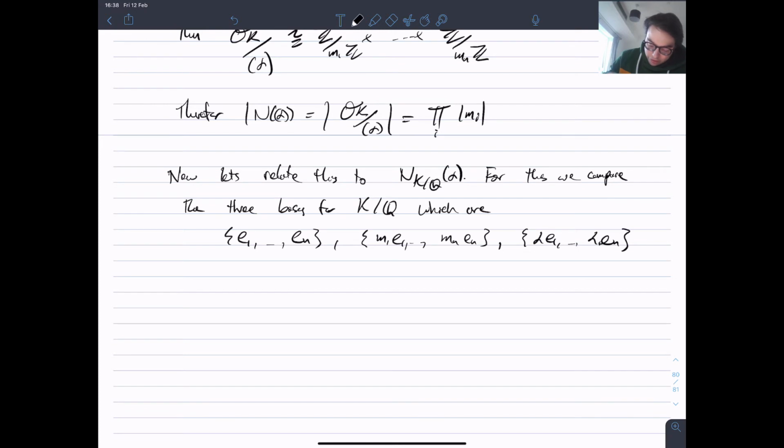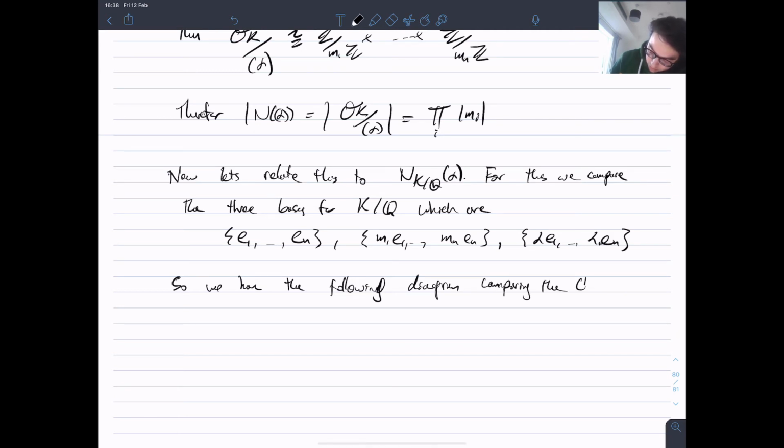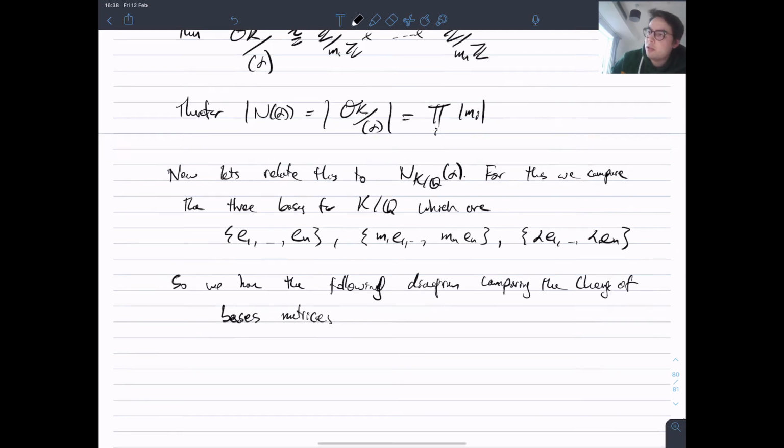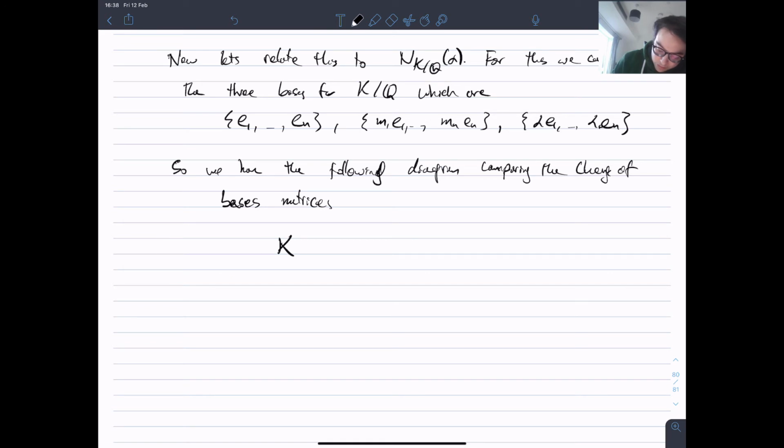So let's try to understand the change of bases matrix that we have here. We have the following diagram, comparing the change of bases matrices. These are change of bases between the vector space K. I have the map K to K given by changing my basis from e_i to alpha times e_i.